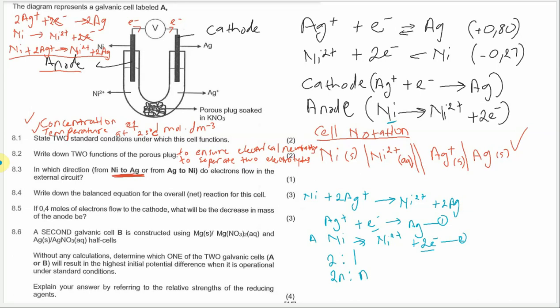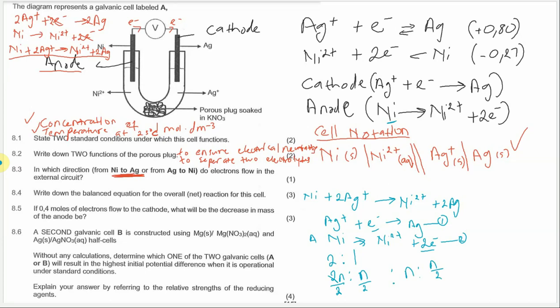So I'm going to divide both sides by 2, this cancels, and the ratio becomes n over 2. As a result, the number of moles of the cathode you're going to divide by 2.